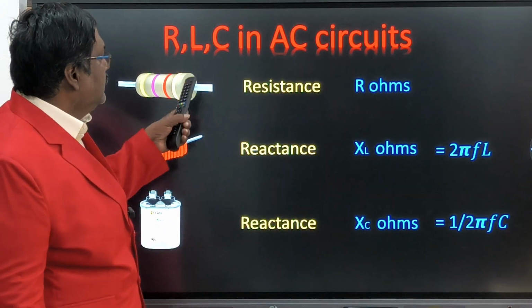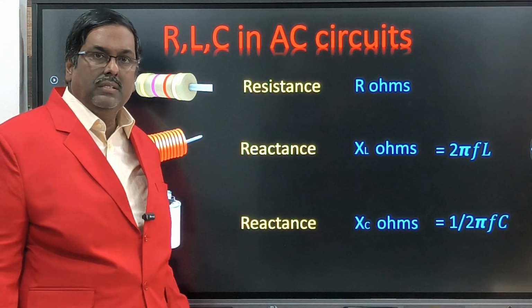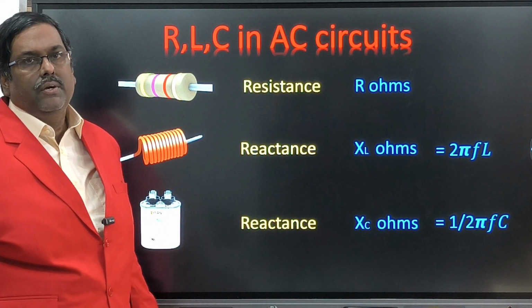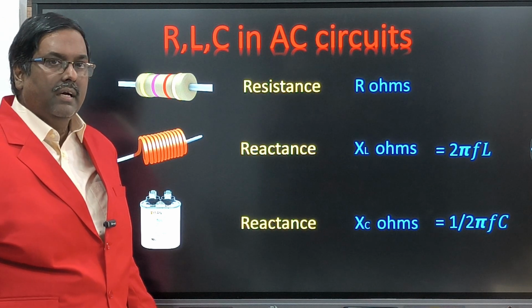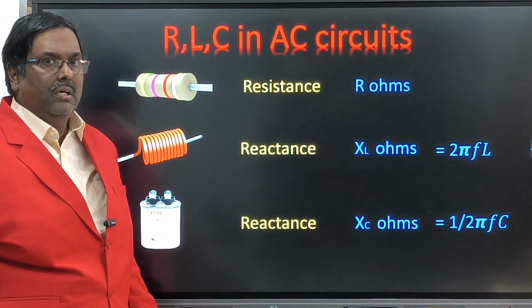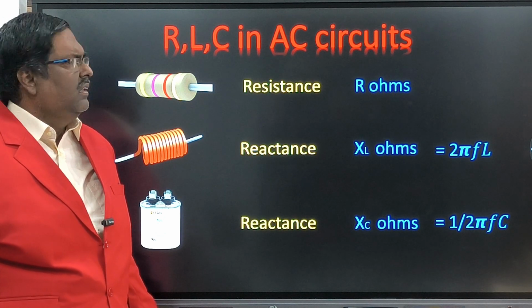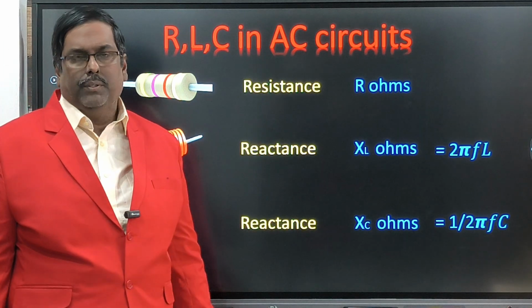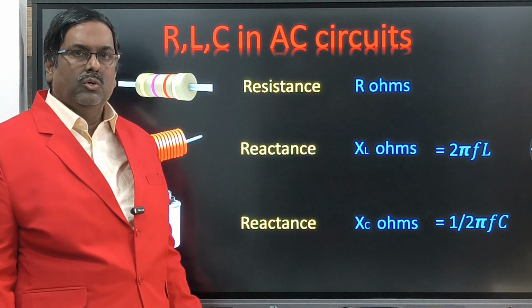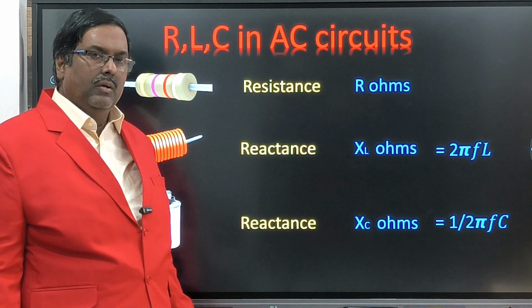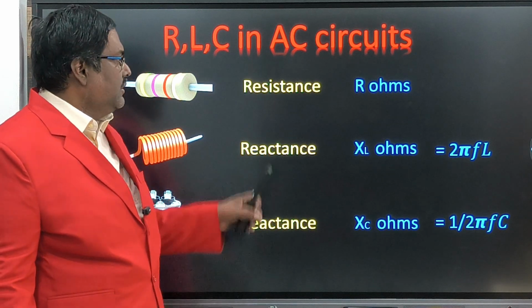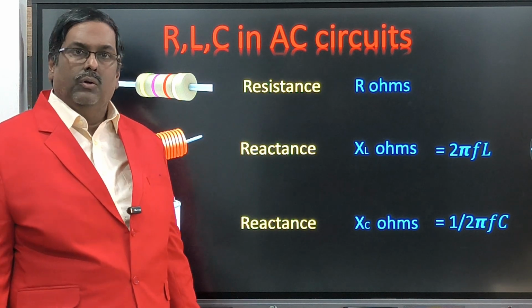Its unit is ohms. So what is the duty of resistance? It restricts the current movement. Depending on the value, it will restrict. It is nothing different. Resistance is very simple. There is no time lagging, no time leading. Current lagging is not there in a resistance, in phase, unity power factor.